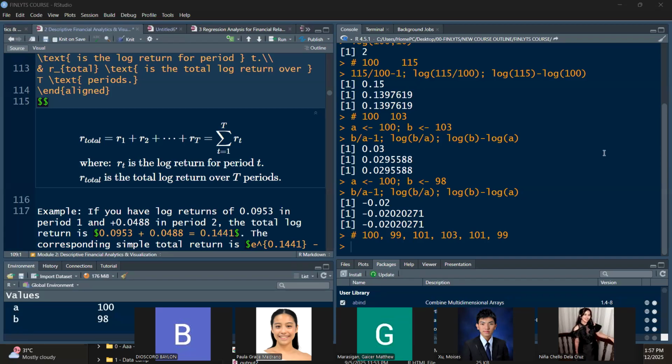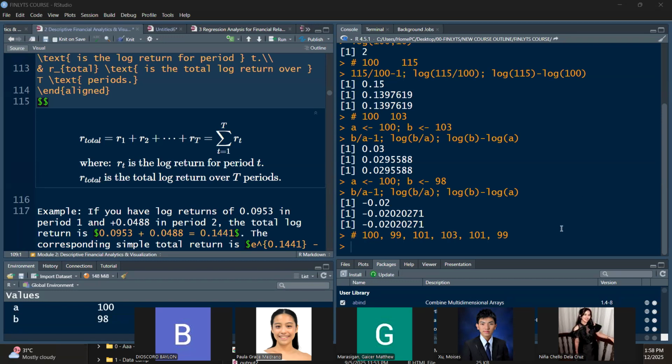All right. Okay, class, please don't make that mistake again. There are only 1, 2, 3, 4, 5 periods, class. Remember that each period you have to account for the increase or decrease in your asset. So 100 is not a period, class. These are prices.